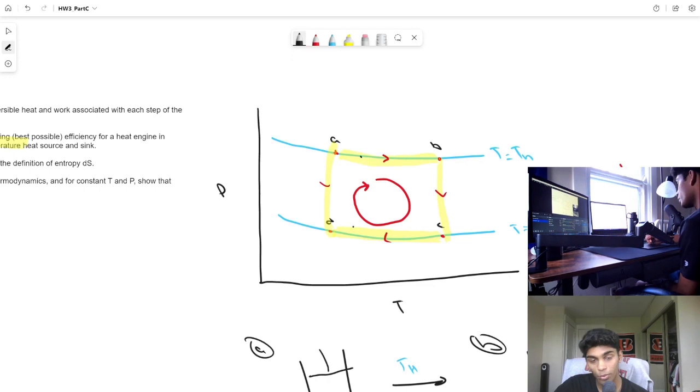When you go through, you put in the work, you do the isothermal expansion, adiabatic expansion, isothermal compression, adiabatic compression, you're going to end up in that same spot every single time. And so the heat that you add and the heat that you take away at the starting point is going to equal 0.